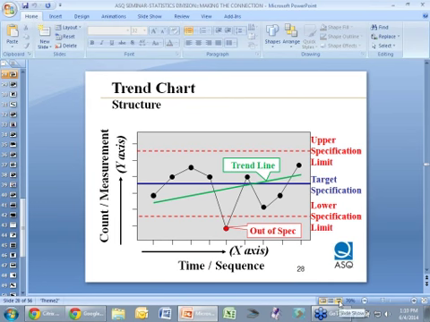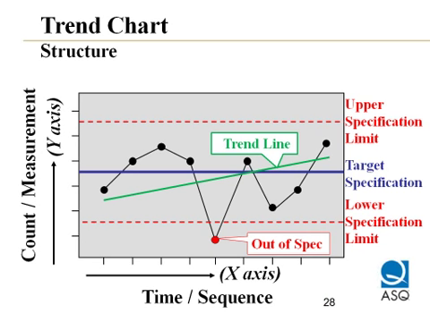The question is, are these spec limits or control limits? Well, it could be either one, but in this case, I've identified them strictly as specification limits because something can be out of spec, and a point placed on a control chart may be inside the statistical control limits, but still out of spec.